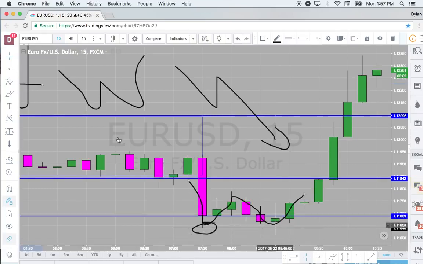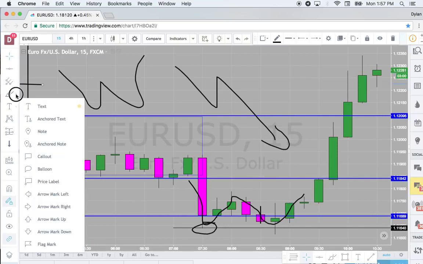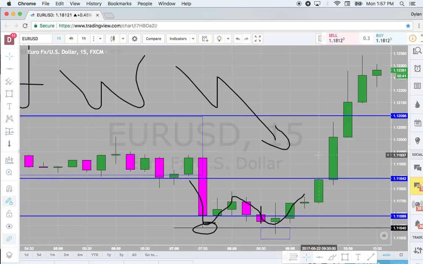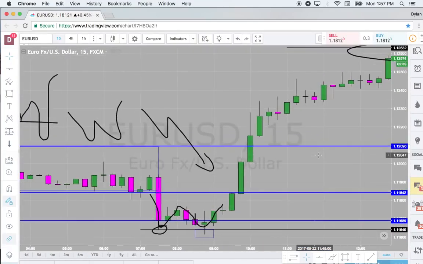How many traders sold when price came below this low? Think about that. How many sellers are trapped right here? And don't tell me that you didn't learn this exact same crap, because I did too. I was in the same boat, you guys.